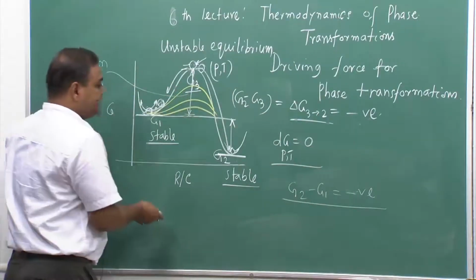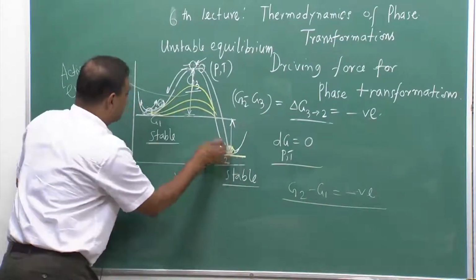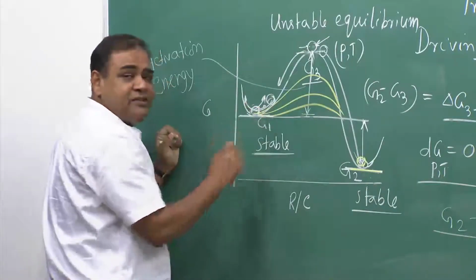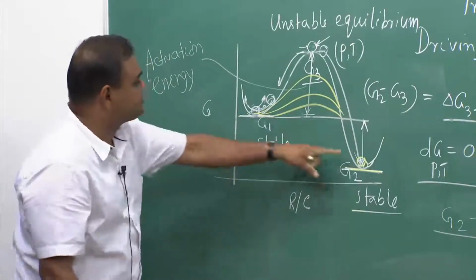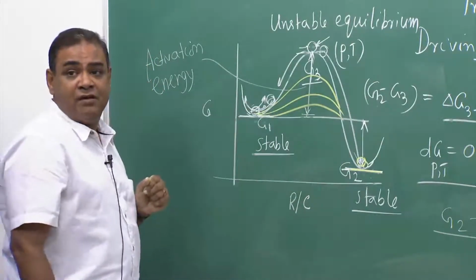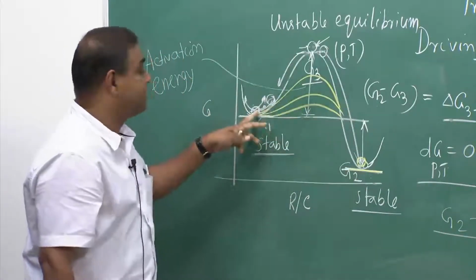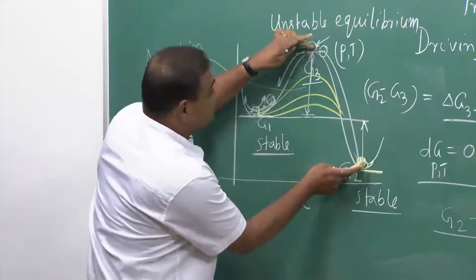Now, similarly, if we try to see the ball wanting to go to this point, it is not a spontaneous process, because the ball cannot go on its own from here to there, but it can go if we give sufficient excitement, it can cross this barrier and come here. But now let us see this and this.